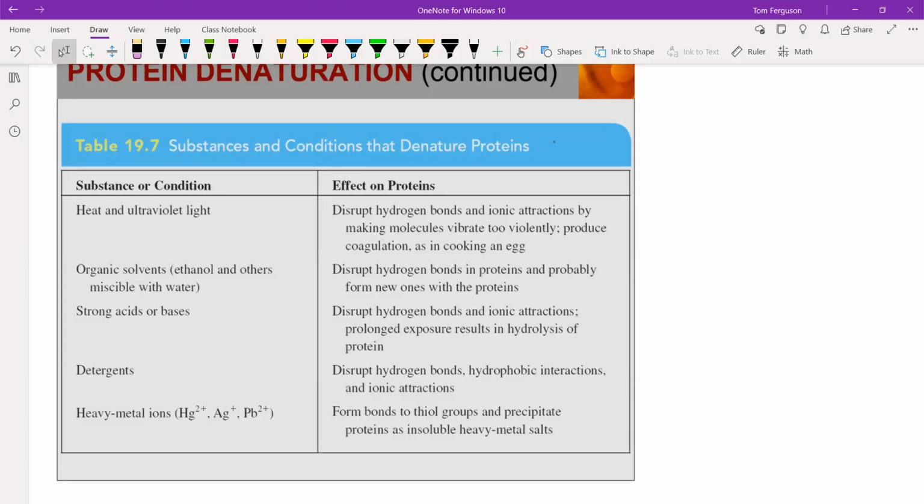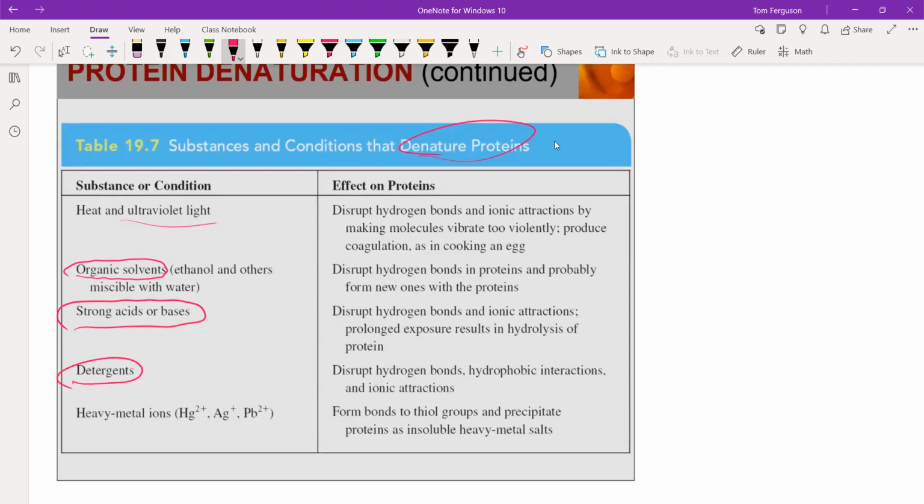Okay, so typically, these are the conditions that will denature a protein. And these are very general. Heat, UV light. That's why UV light is not good for your skin, because it messes up the proteins in your skin. Change in solvent. Talked about that a fair amount. We all know that acids and bases are not nice on your skin.